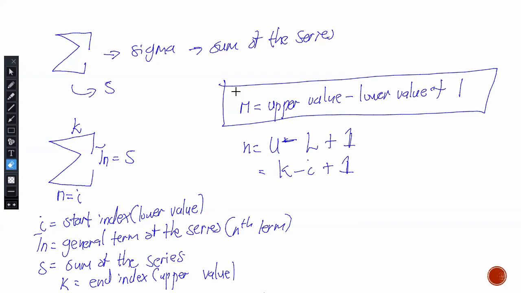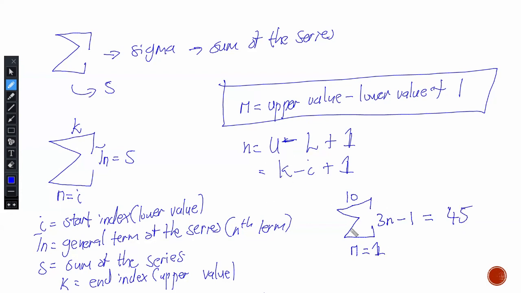Now, let's say, for example, you have a sigma notation like this, and it's saying n starting from 1 and then ending at 10, right? And then we have our Tn as 3n minus 1. And then this is equal to, okay, I'm not sure what sum it would give, but I'm just predicting, let's say maybe 45, right?